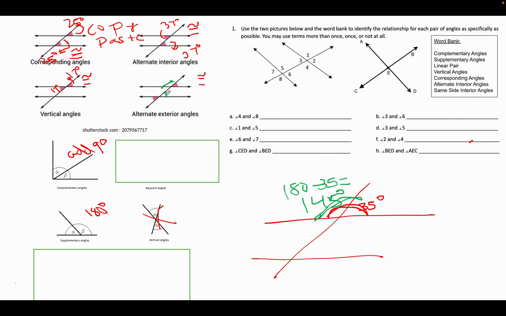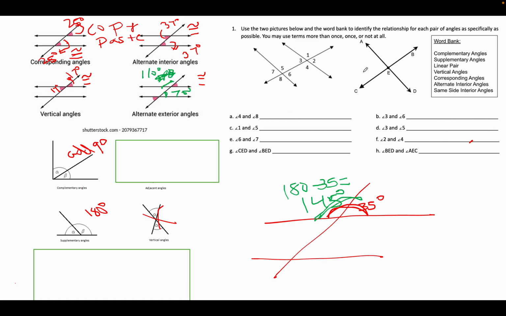So I know that they're not congruent to each other, they're not equal, but they're going to add up to 180 degrees. If this one was 110 degrees, then this one would be 70 degrees. 110 plus 70 is equal to 180.